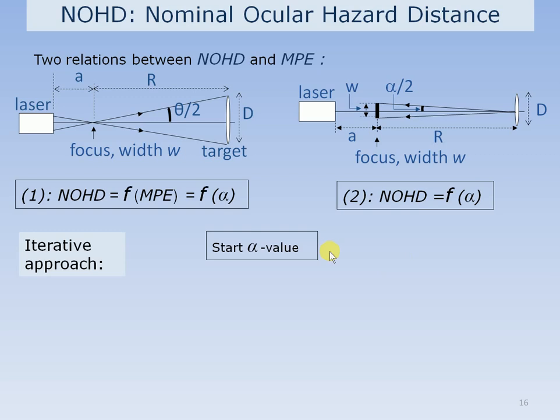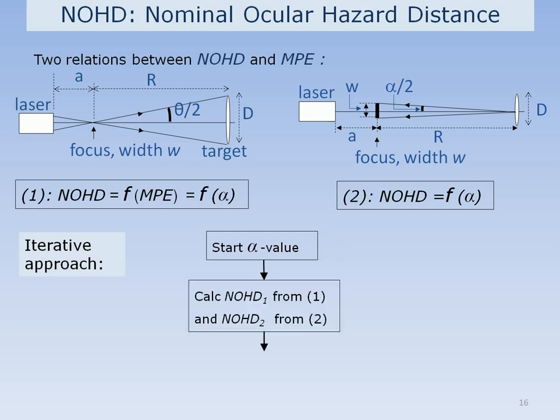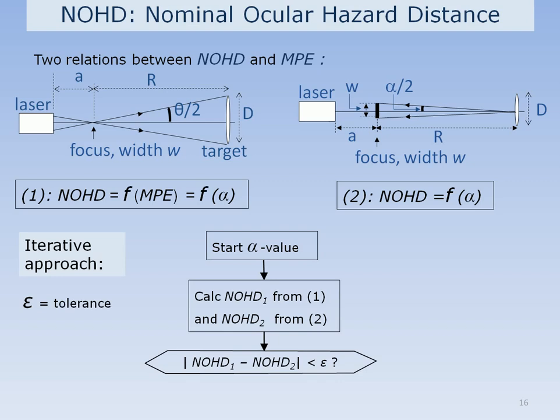We start with an alpha value, and then we calculate the NOHD from equation 1 and from equation 2, and compare both to a certain tolerance, for instance 1 over 10 to the 6 or so.